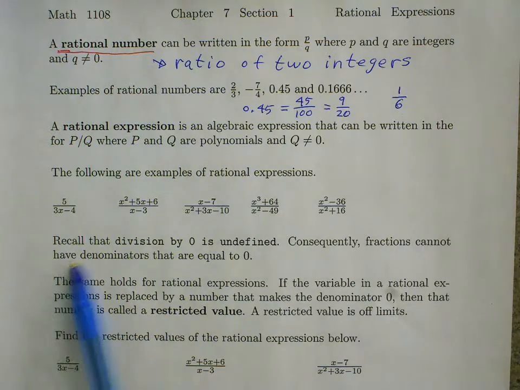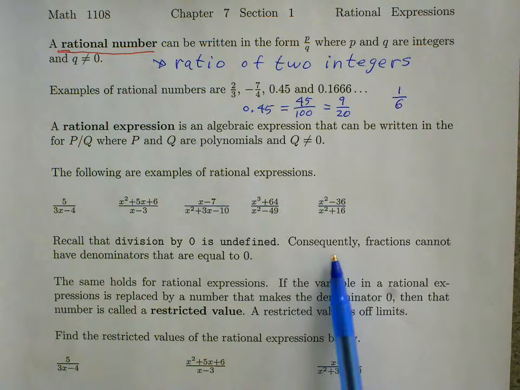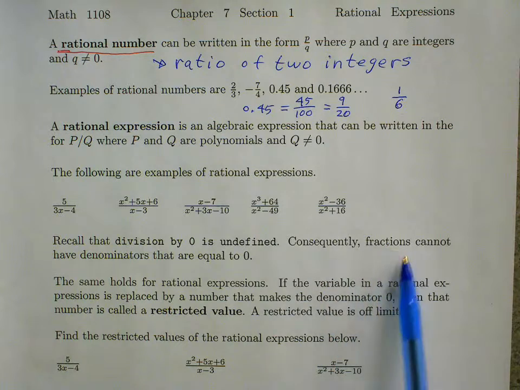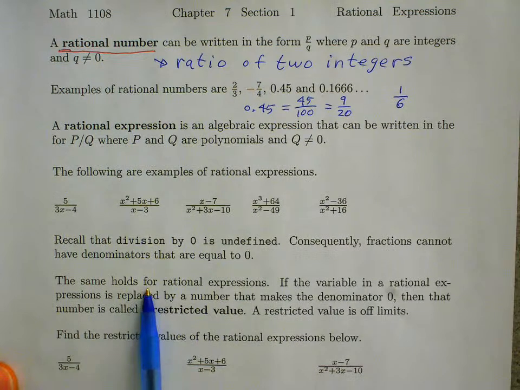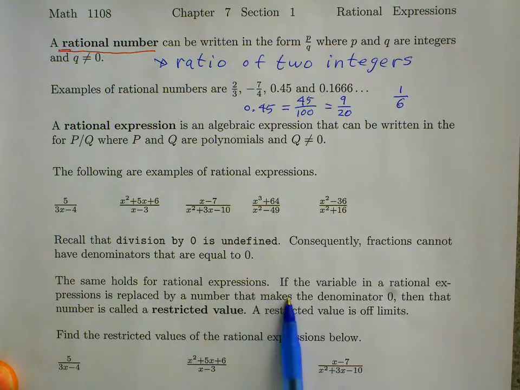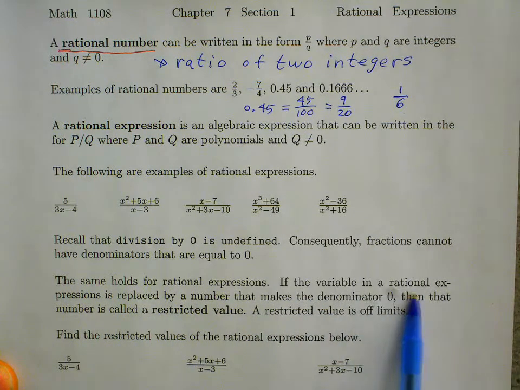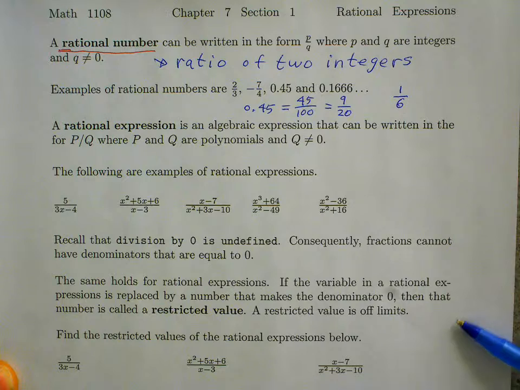Recall that division by 0 is undefined, so the consequence is that fractions cannot have denominators that are equal to 0. The same holds for rational expressions. If the variable in a rational expression is replaced by a number that makes the denominator 0, then that number is called a restricted value.